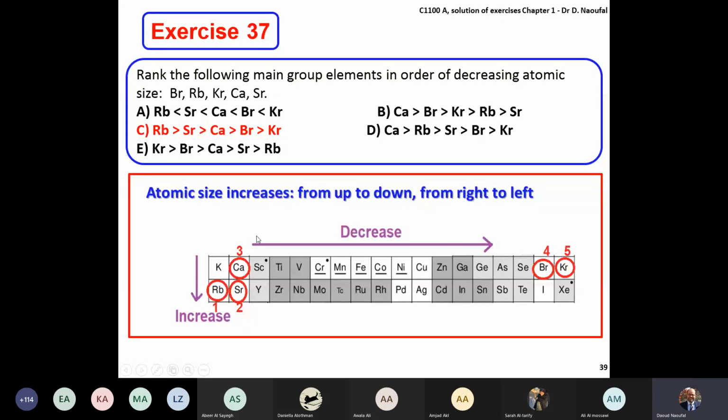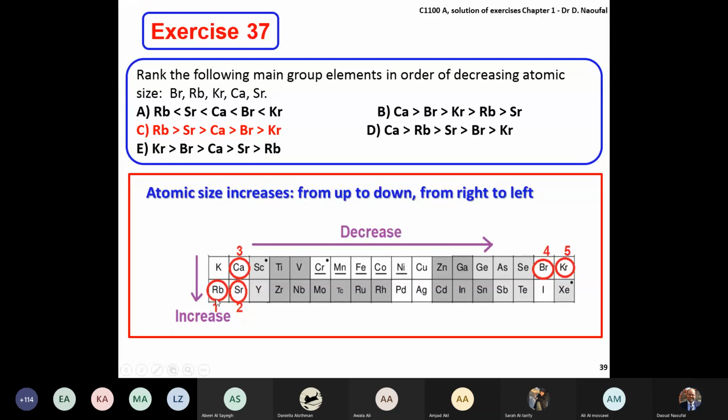We know that the atomic size, or the radius, increases from right to left and from up to down.